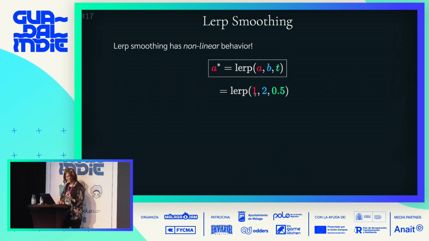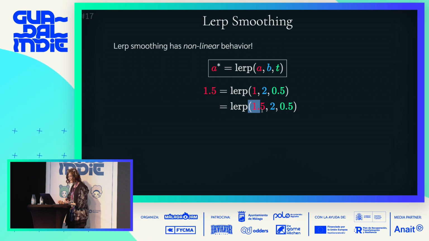So we have a lerp function. We start with a equals 1, and we're going to blend towards the value 2. We have a t value of 0.5, which means halfway, that's 50%. So halfway between 1 and 2, we have 1.5. The next time we run it, we're going to use 1.5 instead of 1. So now we go halfway between 1.5 and 2, and we get 1.75, and so on.